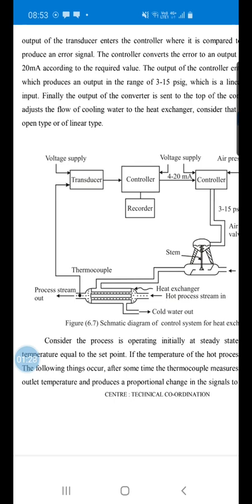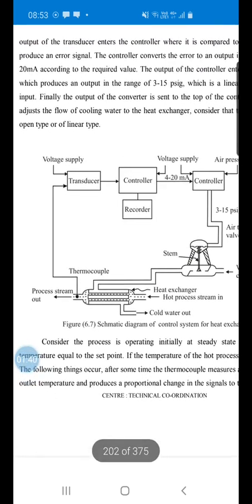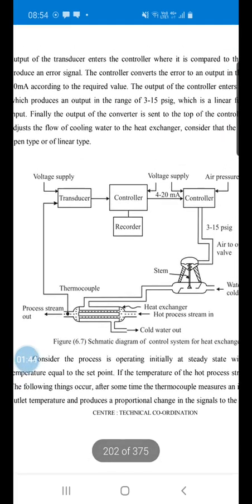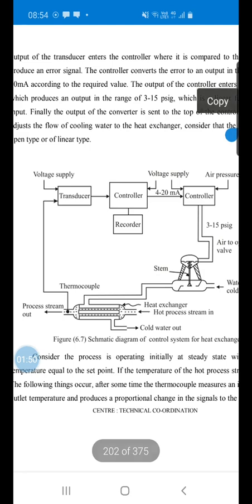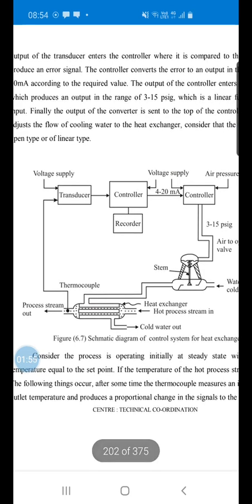In this system, the temperature of the liquid stream from the heat exchanger is measured with the help of the thermocouple, and the signal from the thermocouple is sent to the transducer, which produces an output in the range of 4 to 20 milliampere.